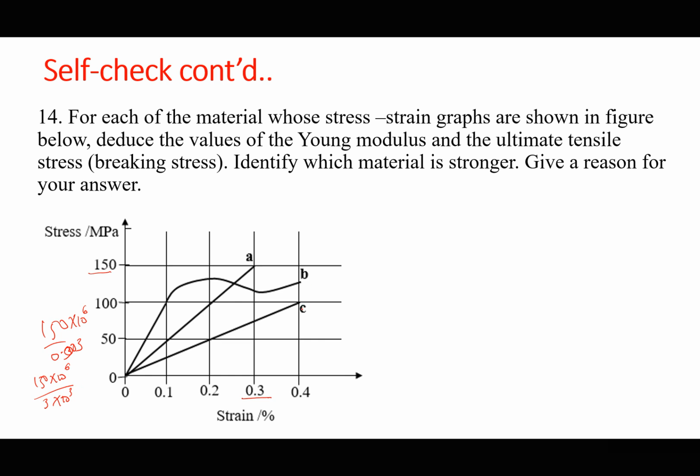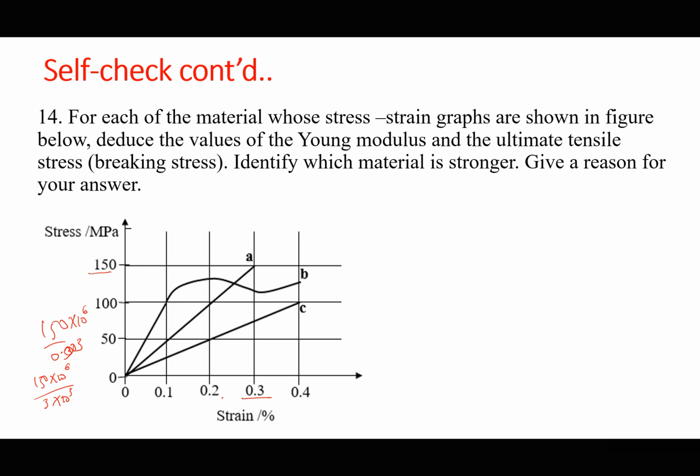Then for C, it is 100 divided by 0.4, which is going to be 25 gigapascals.